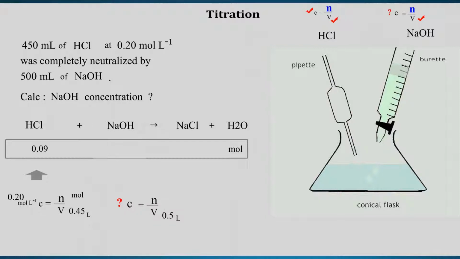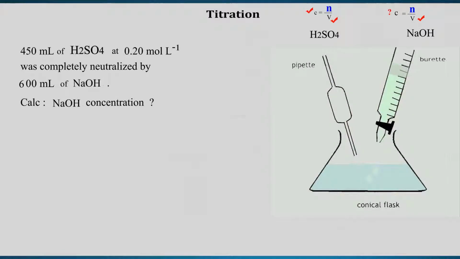Here, the mole should be 0.09. When they fully neutralize, the NaOH must be the same. So when the NaOH moles are the same, you can use this relationship to find the C. That's titration.